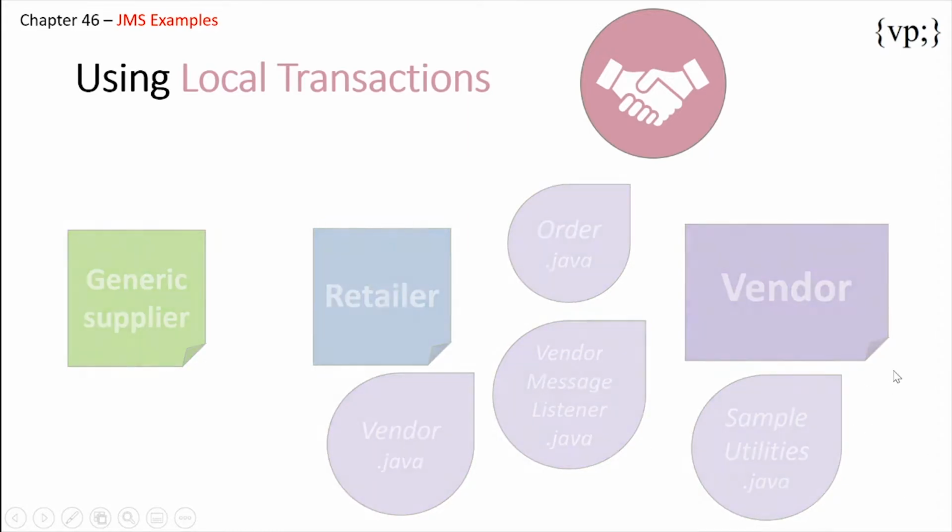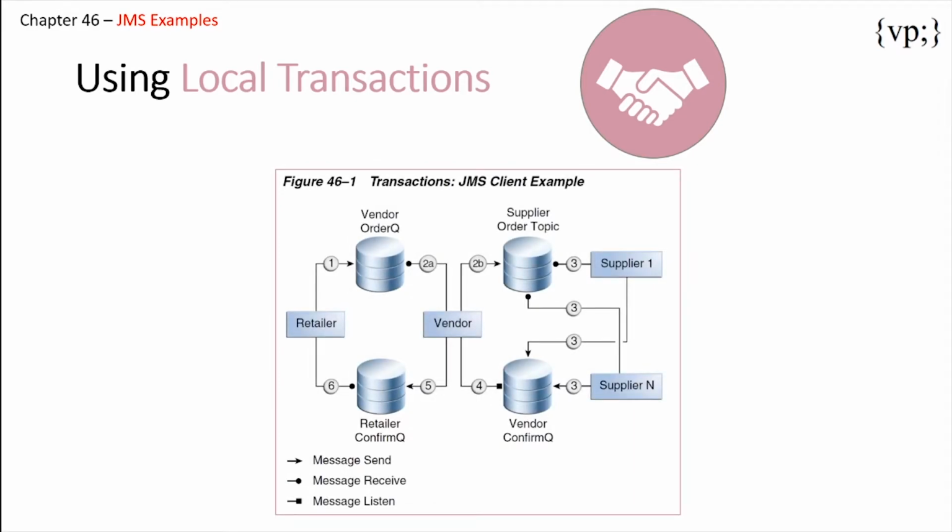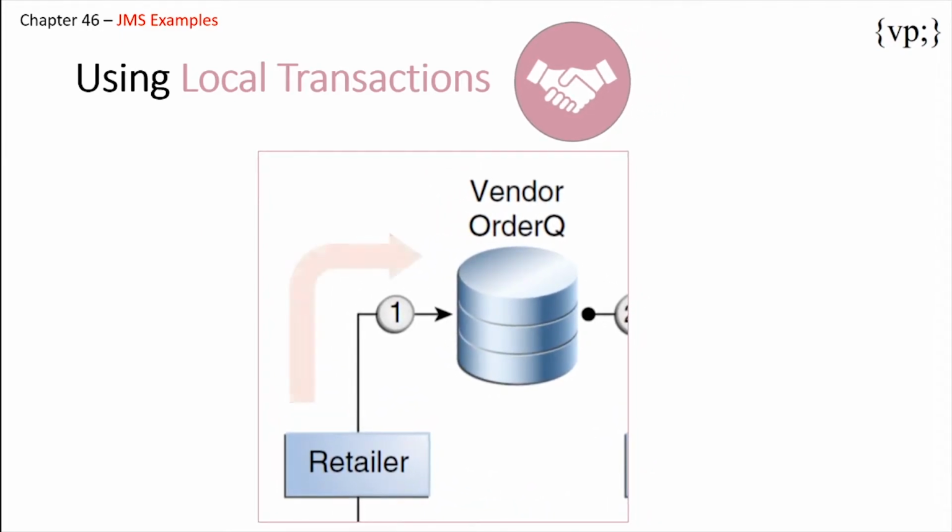To bring it all together, this example is a massively simplified e-commerce application. The example shows how to use a queue and a topic in a single transaction, as well as how to pass a JMS context to a message listener's constructor function. So getting right into it, the first thing that we're going to take a look into here is our retailer to vendor order queue.